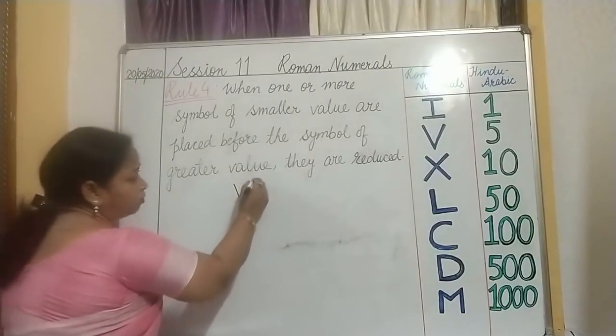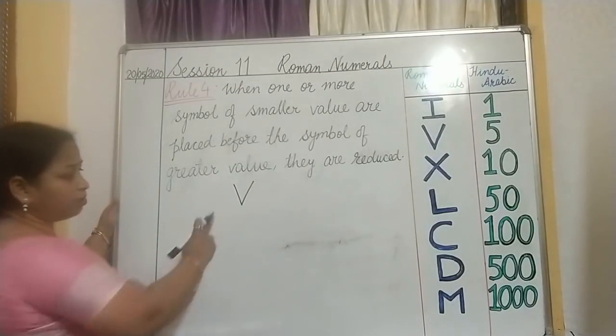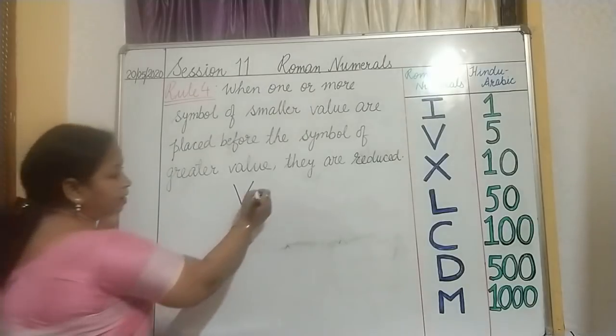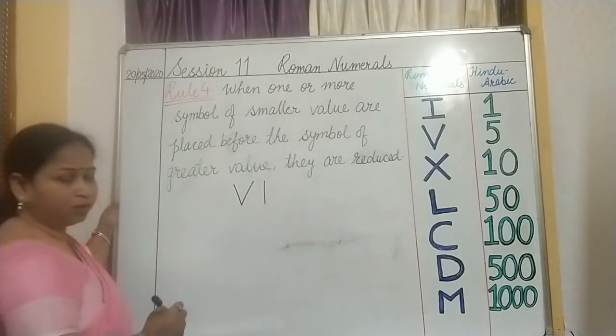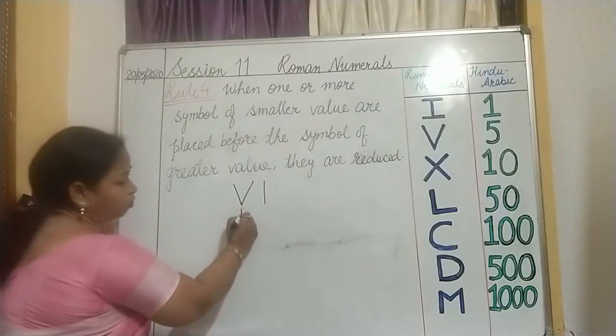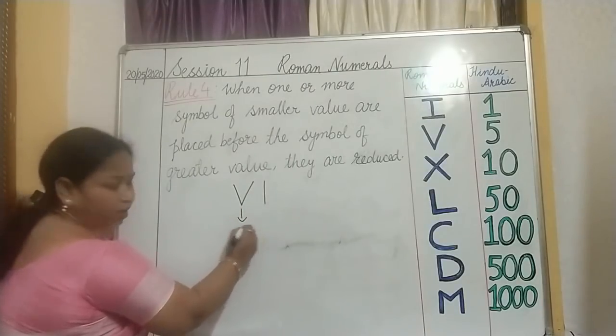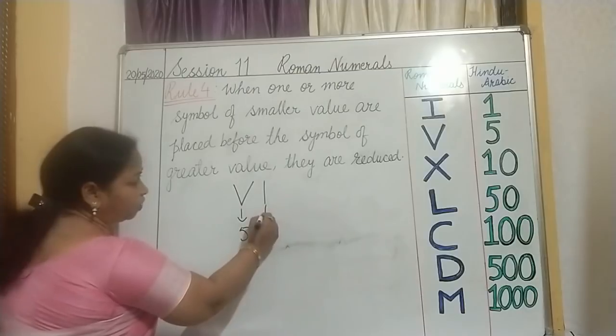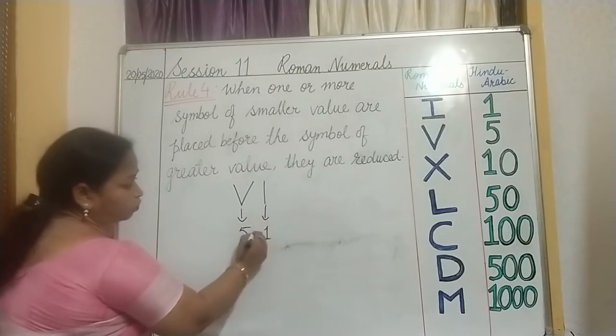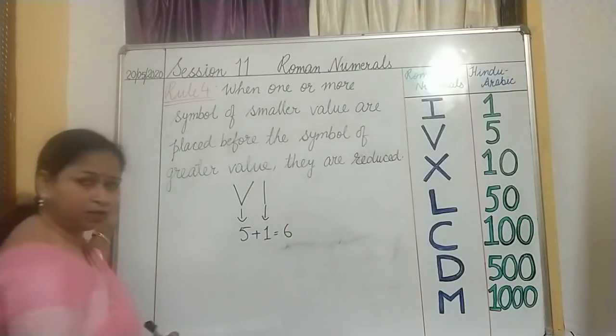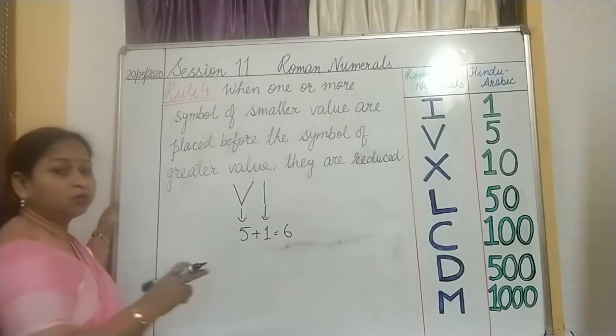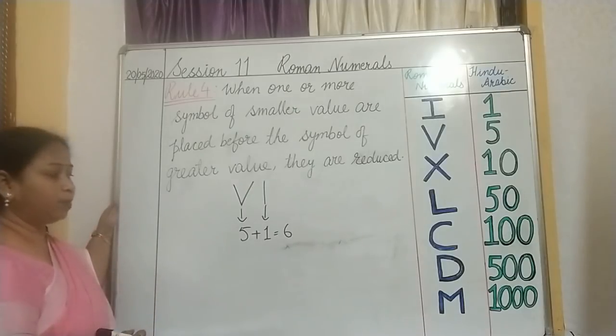While explaining rule number 3, I explained that if V is there and if I place I over here, the value of V is 5, okay, value of I is 1. So we have added and we have got the answer, okay. So this was what we learned from rule number 3.